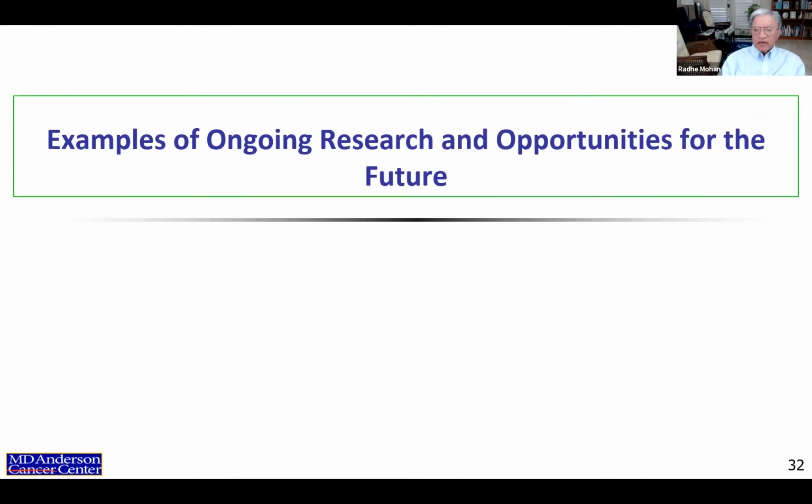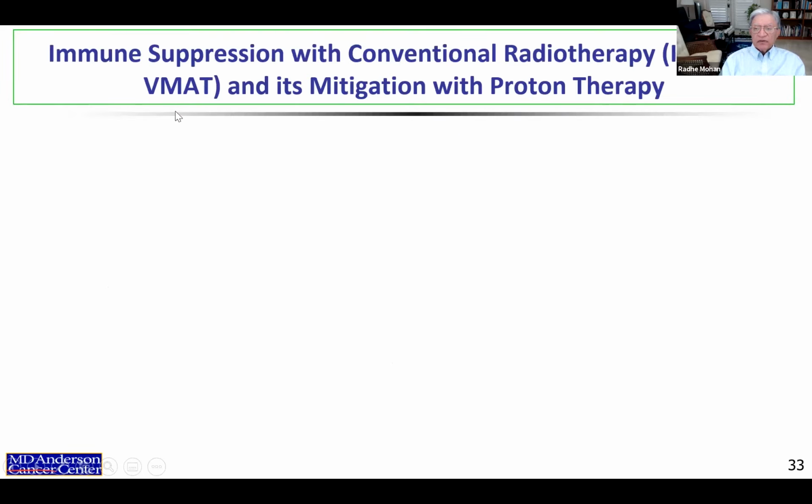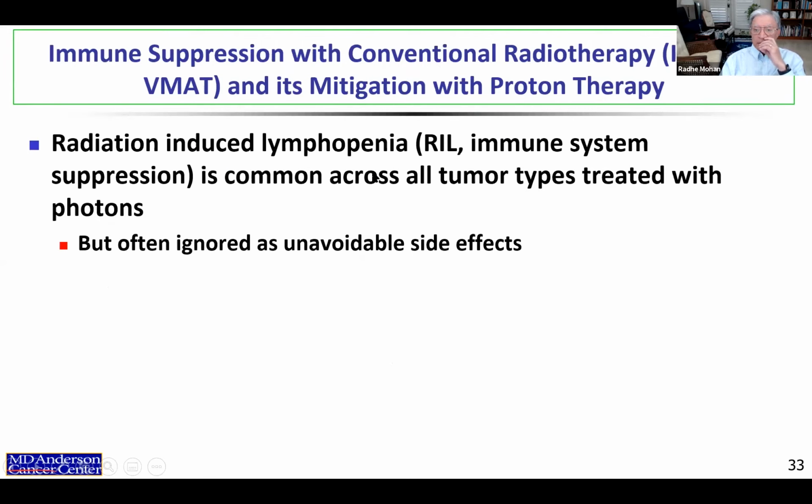I'll give one or two examples basically in the area of immune suppression and its mitigation with proton therapy. Just one or two introductory comments on immune suppression with conventional therapy and its mitigation with proton therapy.